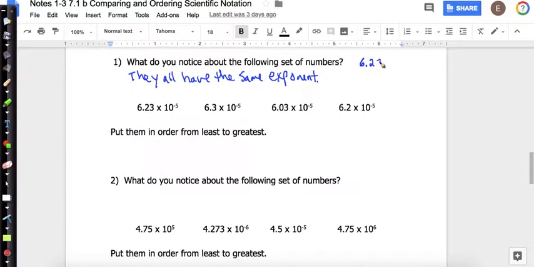So we have 6 and 3/10, I'm going to drop in a 0, 6 and 2/10, drop a 0. So now I can look, I'm going to compare left to right. I notice all the numbers in the ones place are the same. So now I can look at the tenths, and I notice we have a 0 here.